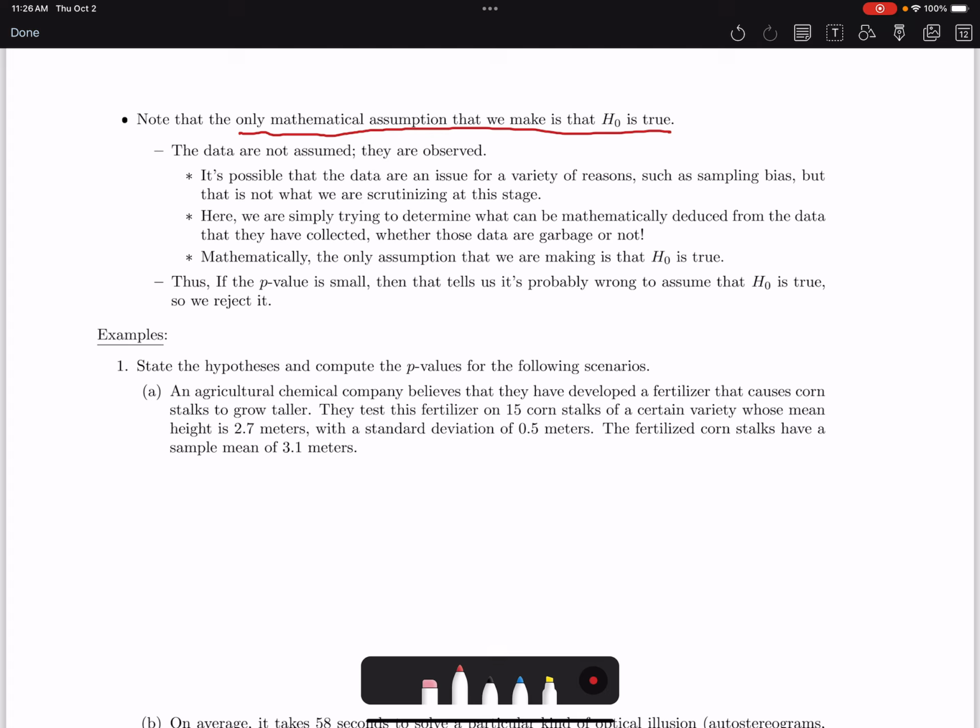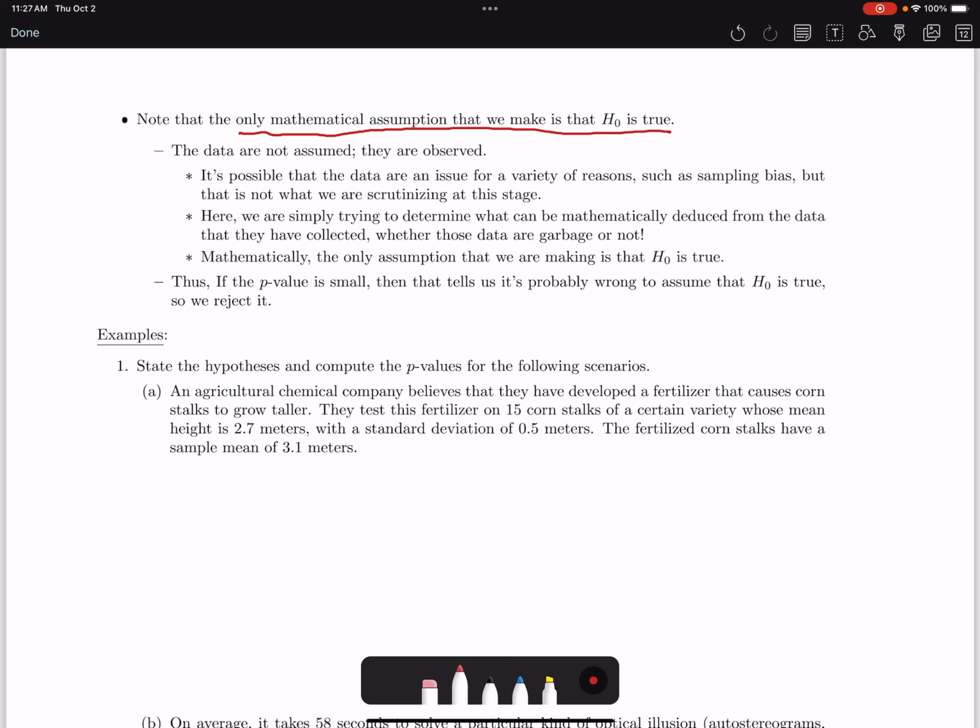But from a mathematical standpoint, the only mathematical assumption that we're making is that the null hypothesis is true. So if we get a small p-value, we should reject the null hypothesis, okay? Since that's the only thing that we assumed. The data aren't assumed, right? They were observed. The null hypothesis is the only thing, mathematically speaking, that we're assuming.